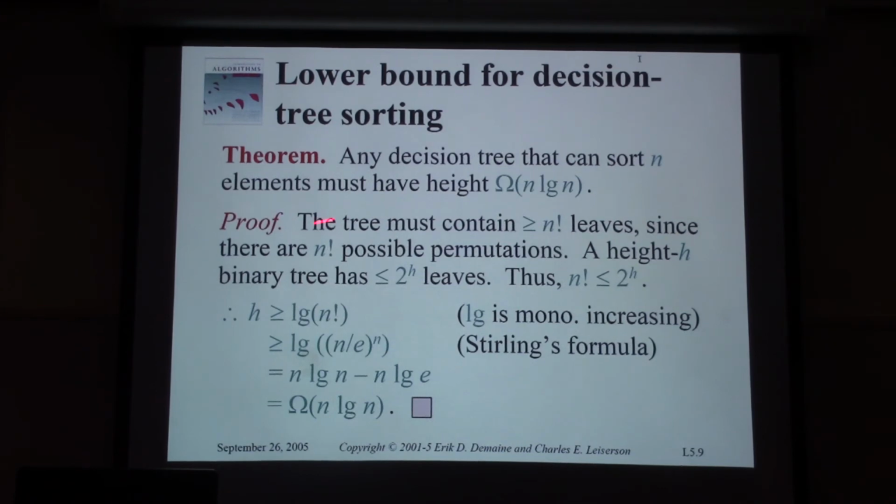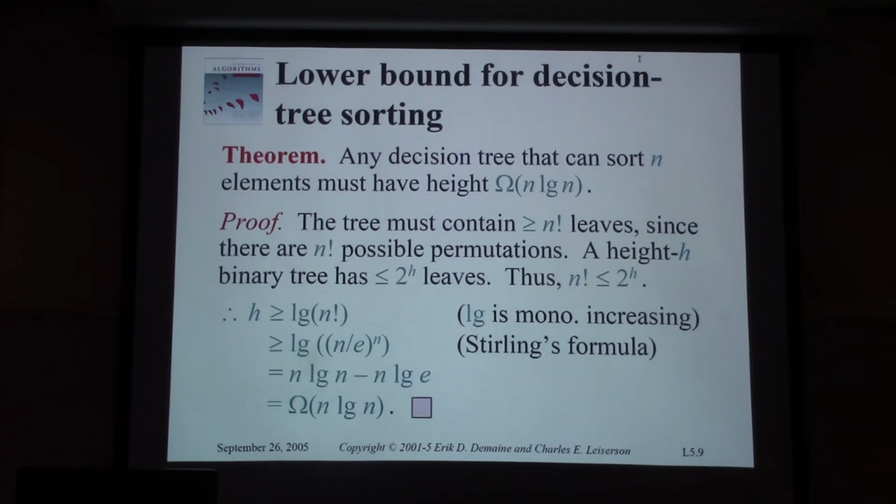A height h binary tree has 2 to the h or fewer leaves. It's 2 to the h if it's full, could be less than that if it's less full, right? So therefore, n factorial, the number of leaves, must be less than or equal to 2 to the h.